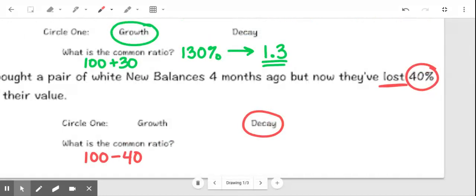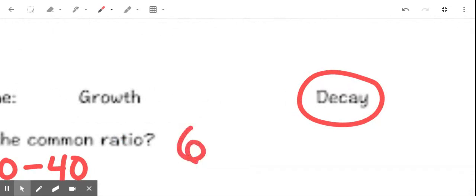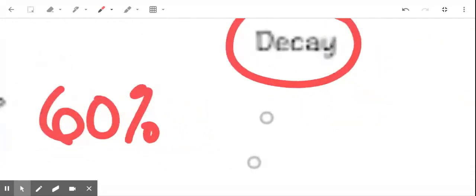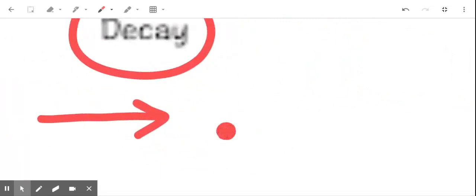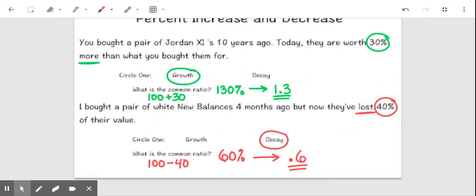We are losing 40%. Well, 100 minus 40 is going to be 60%. Now, we always write these as decimals, and so 60% as a decimal is 0.6. This is my common ratio of 0.6. Okay, it's that 100 minus 40.